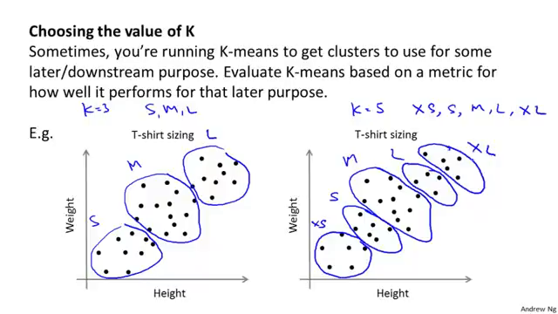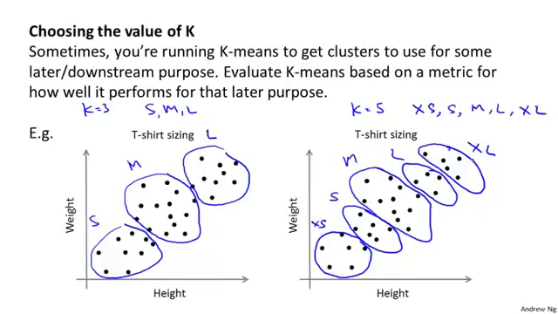And the nice thing about this example is that it gives us another way to choose whether we want 3 or 4 or 5 clusters. In particular, you can think about this from the perspective of the t-shirt business and ask, well, if I have 5 segments, then how well will my t-shirts fit my customers? How many t-shirts can I sell? How happy will my customers be?